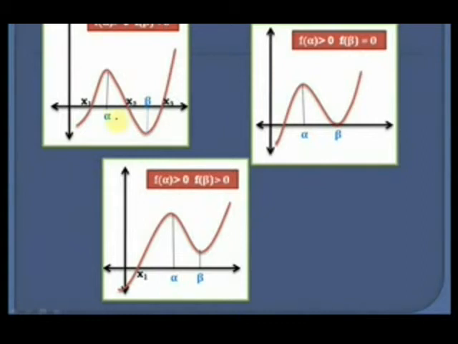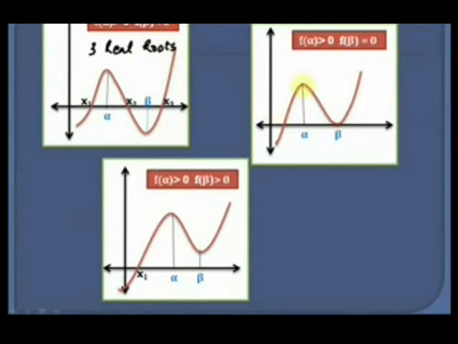The first possibility is this is the curve of y = f(x). We clearly see that alpha is a point of maxima and beta is a point of minima. So f(alpha) is greater than 0 and f(beta) is less than 0, and we see that x1, x2, x3 are the three real roots in this case.